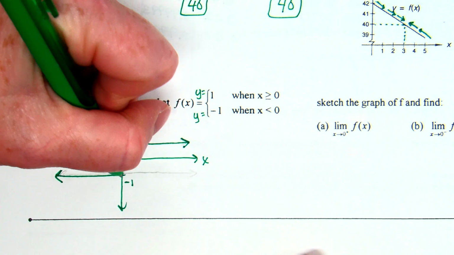It just said x less than 0, so I'm going to use an open circle. And yes, it is a function technically. Okay. Now that you have your graph, we have two limits to answer.